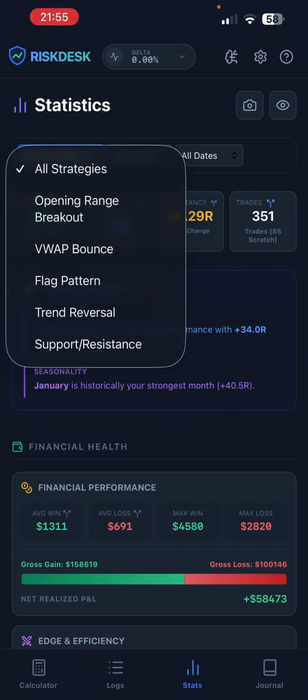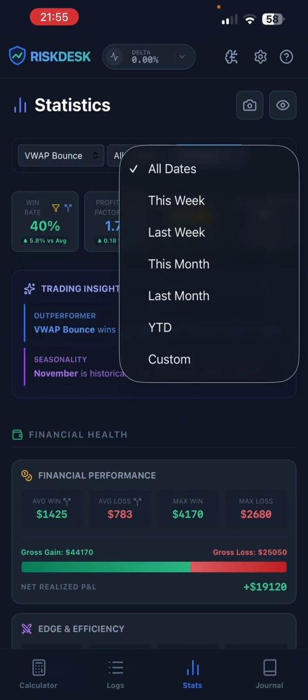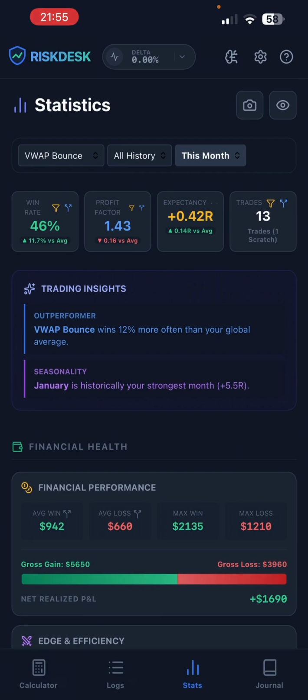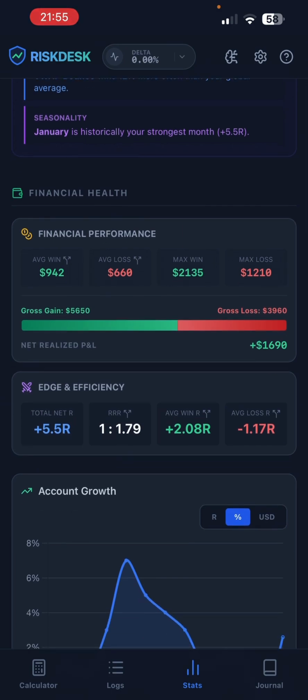But if I just show you this, I think VWAP bounce, and I do that for the last week. Okay, you can then start to see the trades which are being contexted by the partial setting.